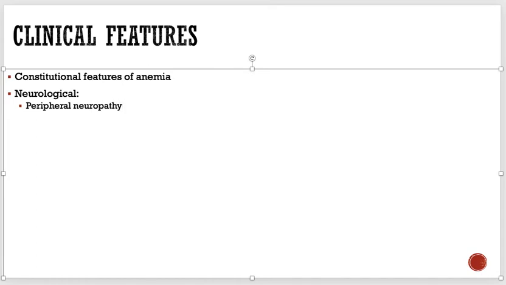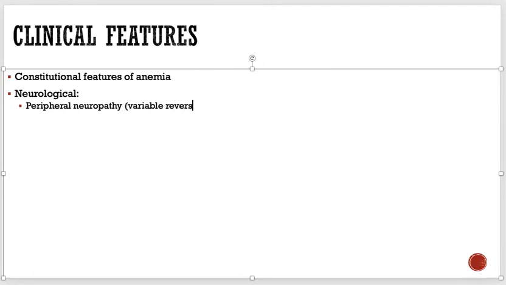Now peripheral neuropathy, what happens, when we treat these patients and we start giving them vitamin B12, there is some recovery in peripheral neuropathy, but there is no complete recovery. So it is variable irreversibility.